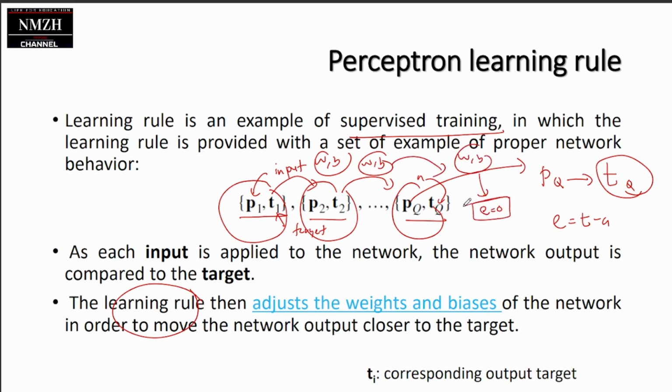So that is the keyword over here, guys. Until we find that there is no more error when following the learning rule for the weight and bias, then we stop the learning process.